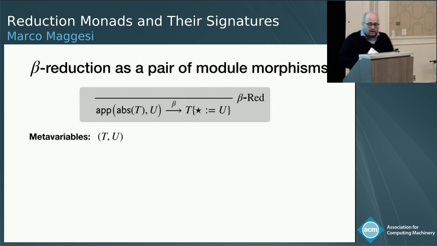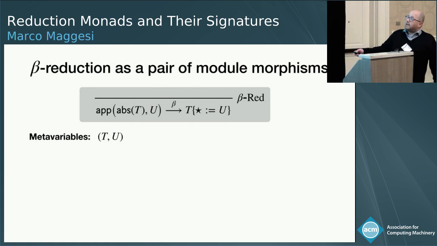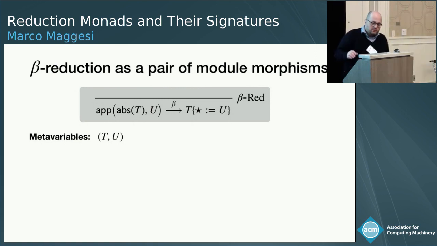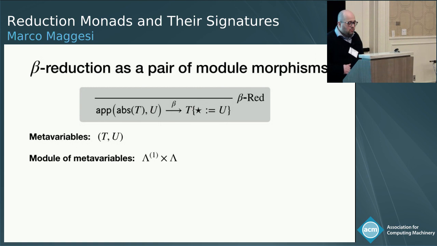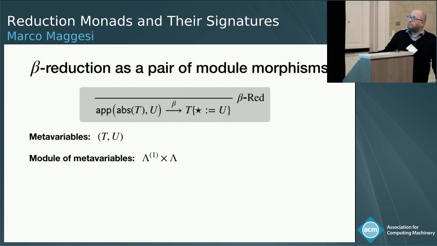And here we remark that we have two parameters which are t and u. So we have two metavariables, t and u. And then we have a module of metavariables. The module of metavariables is lambda 1 times lambda. Why? Because you see that t is the argument of an abstraction. So you have to derive the module.